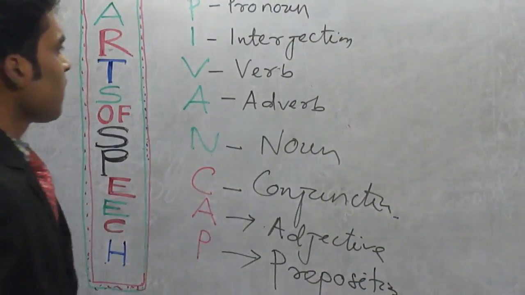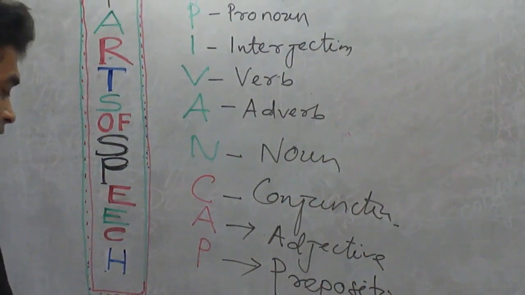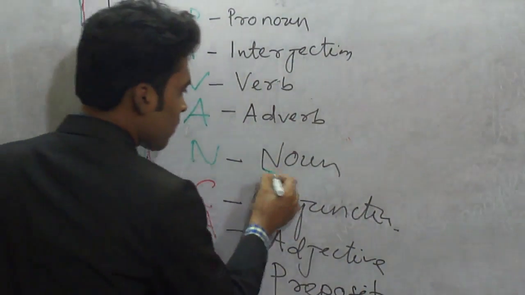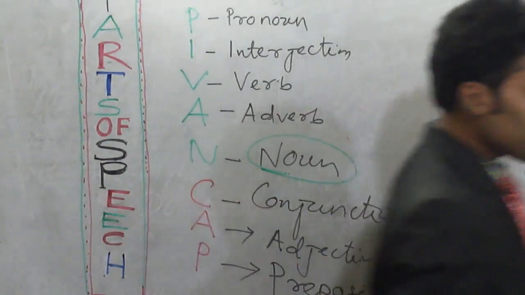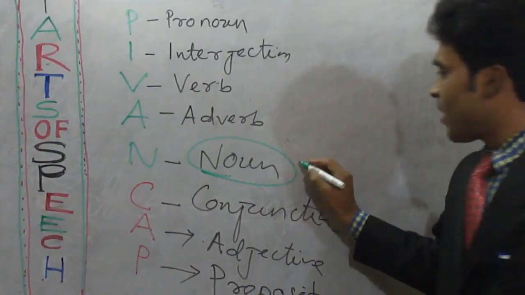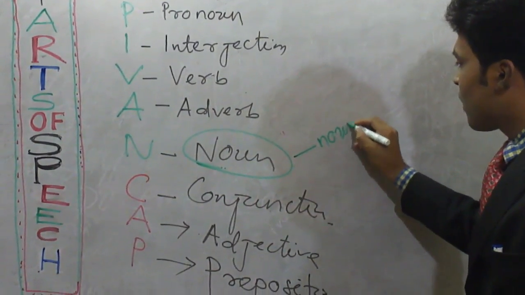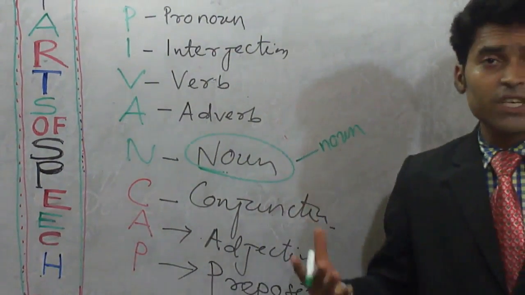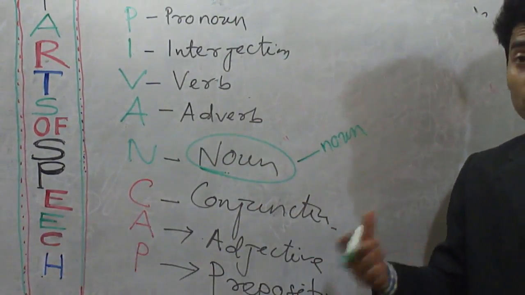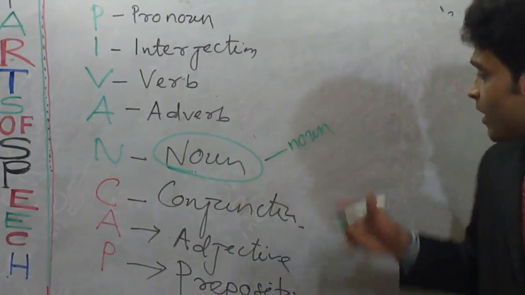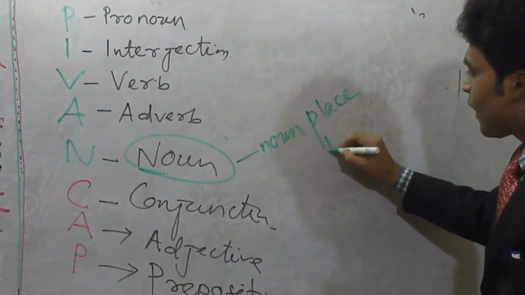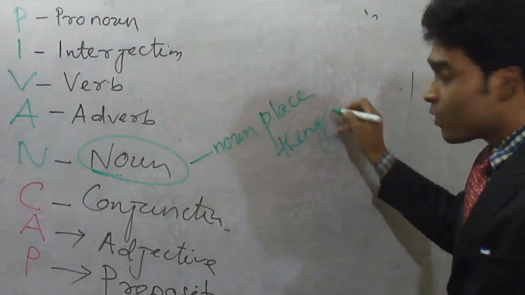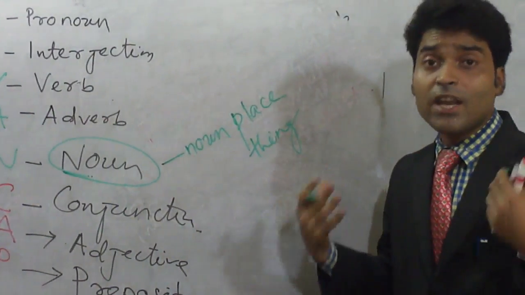All right. Let's start with noun. What is noun actually? Noun in Greek language means name. Anything, whatever you see around you, is known as noun. It may be a place, or it may be a thing which is visible or invisible.